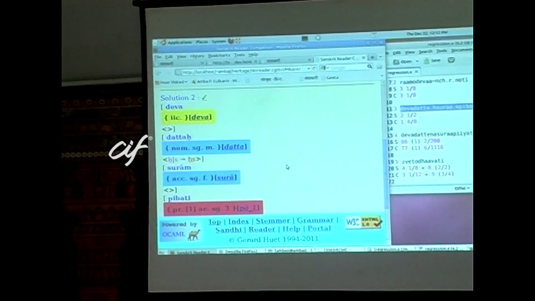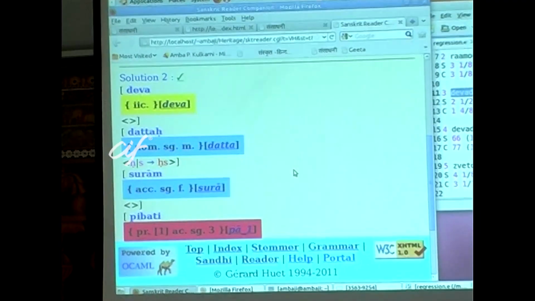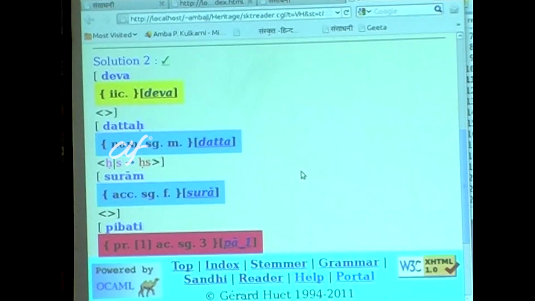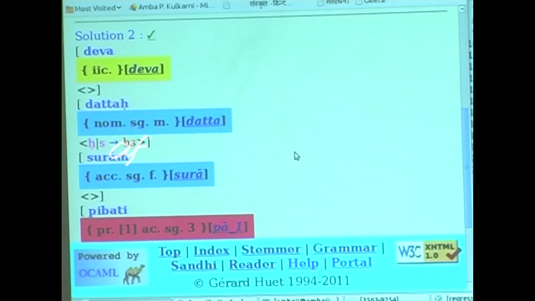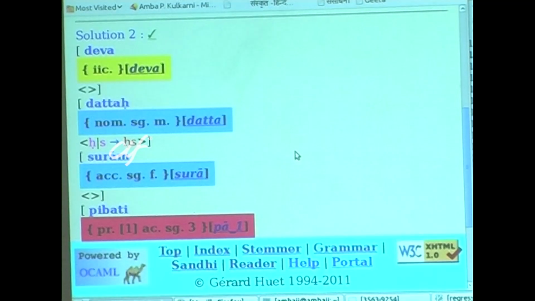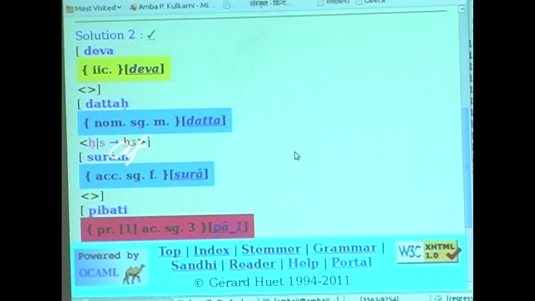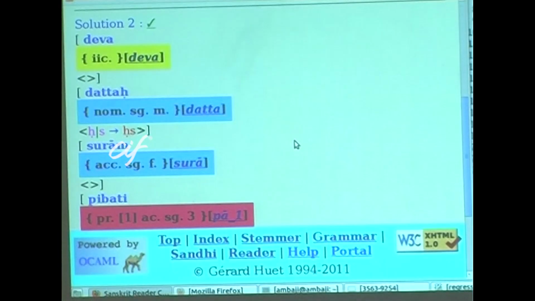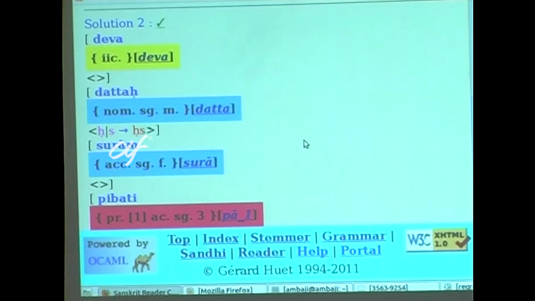Deva Datta. So Devadatta, it interprets it as a compound. Yellow means compound, so it's compound formation. The left part of a compound is going to be yellow, and the right part is going to be colored blue because it's a substantive. And how does it do that?